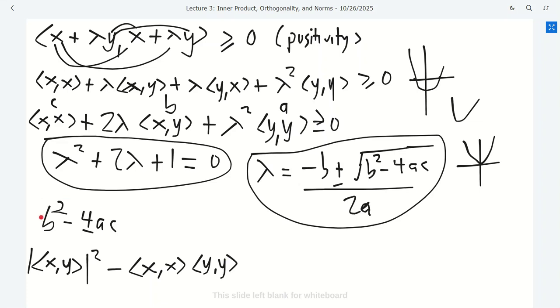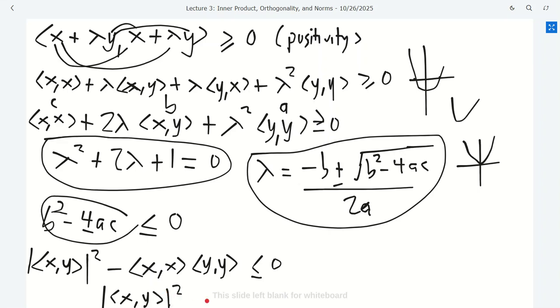Because we said we are going to have at most one solution, when you refer to your notes, you realize that this discriminant is written like this. So we can also write it this way, which carries over to proving the triangle inequality.